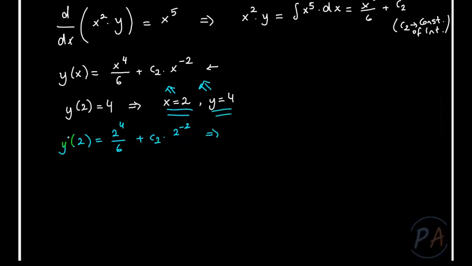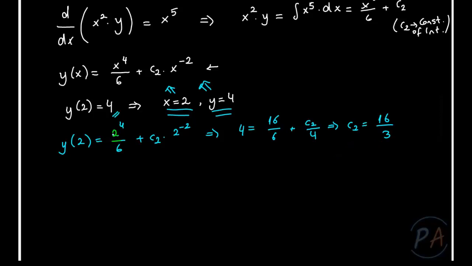And I know that y of 2 equals 4, so 4 equals 16 over 6 plus c2 over 4. And when I solve this for c2, I find c2 is 16 over 3.